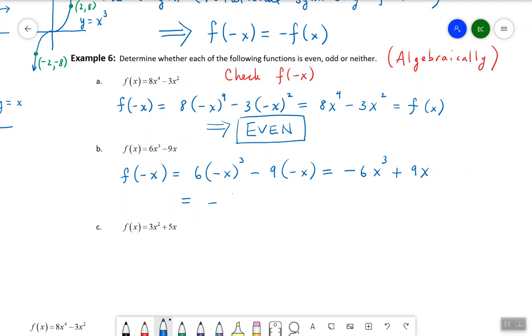We can say this is a minus, and then we'd have 6x cubed minus 9x. And then, of course, that is the same as f of x. So f of negative x is the same as negative f of x. And so this function is odd.